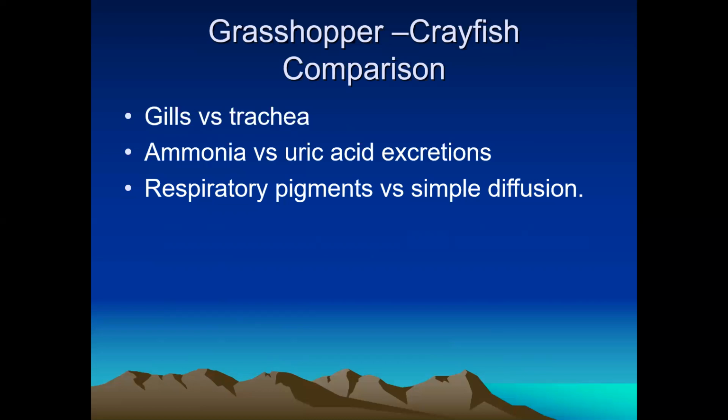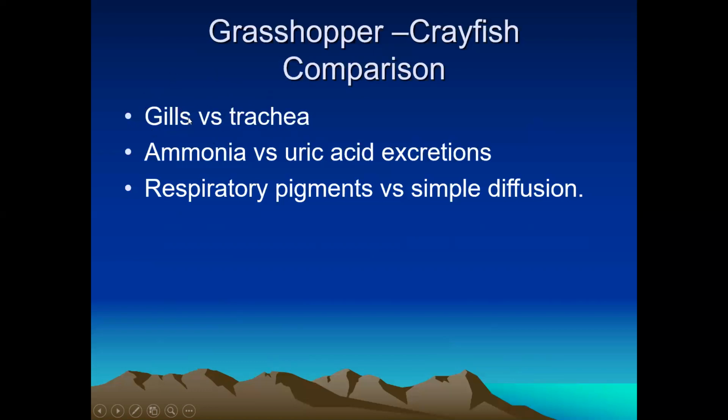But I like to keep this slide in here because, even if we don't discuss it in detail, it gives you an idea of, again, similar but different structures. I think gills and trachea are probably the easiest pairing here to compare and contrast without a lot of detailed knowledge.